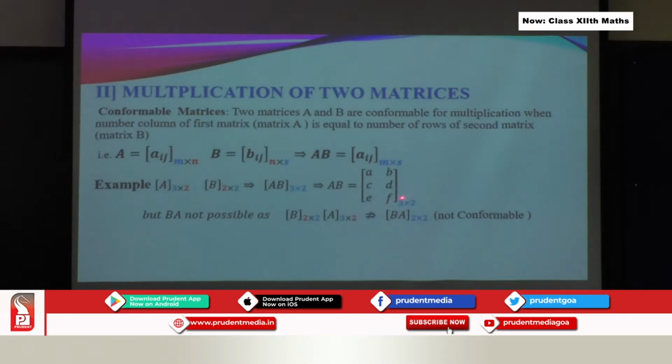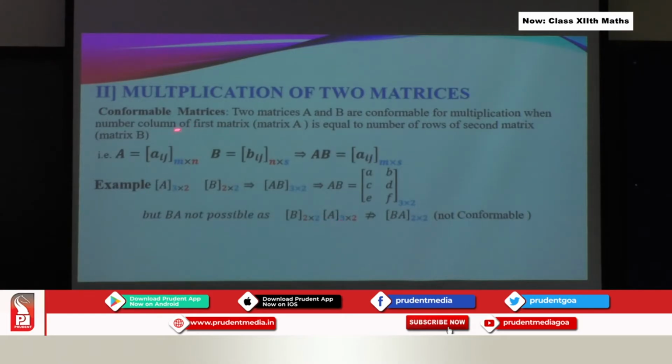Now let us look in another way. I want to do B into A. Is it possible? The number of columns of the first matrix is 2. Is it equal to the number of rows of the second matrix, 3? No, 2 is not equal to 3.